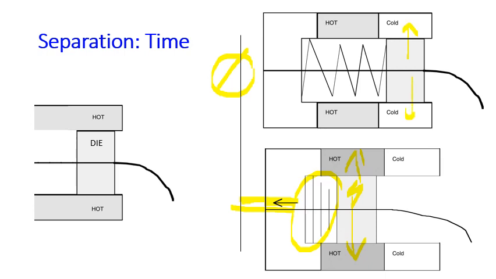So the heat from the die will not destroy the wire because now the die is in a cold area. So by putting a spring here, it may separate the time when the feed is happening, meaning the wire is moving, and when the wire feed stops.